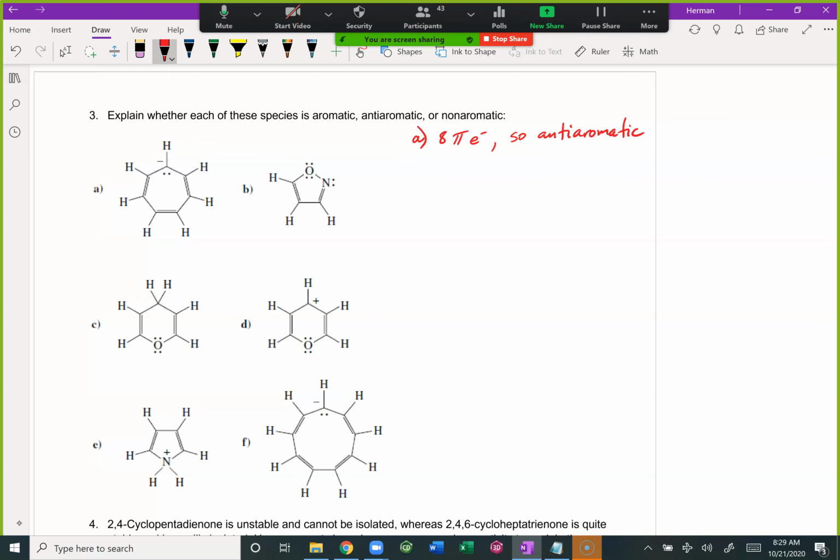How about B? This is a good one. How many pairs of electrons that are pi can you read?